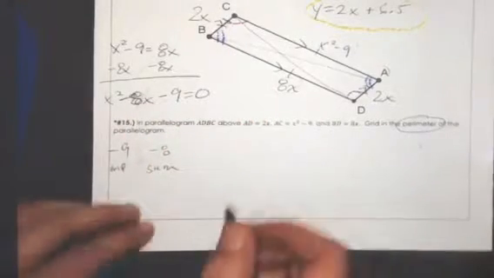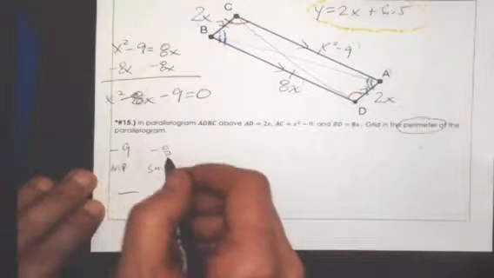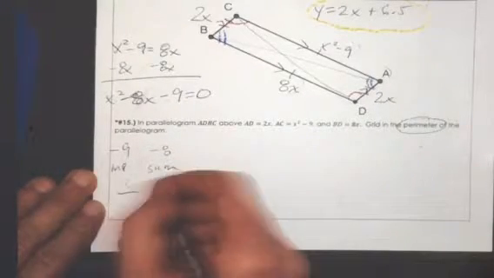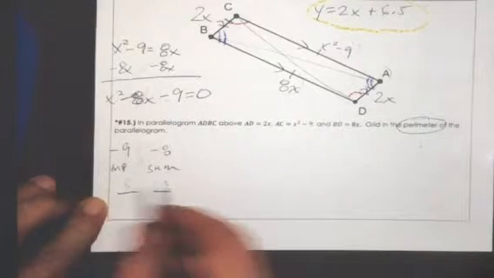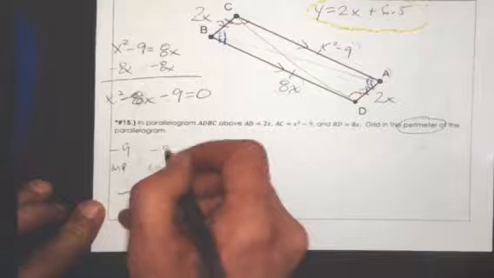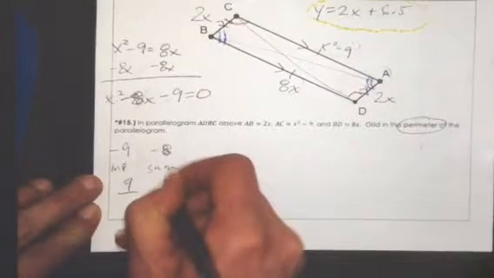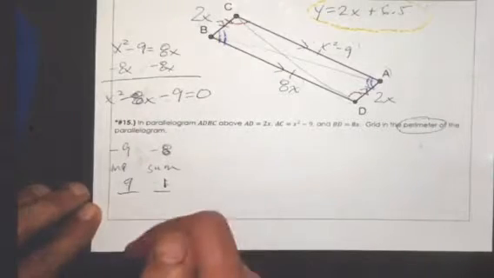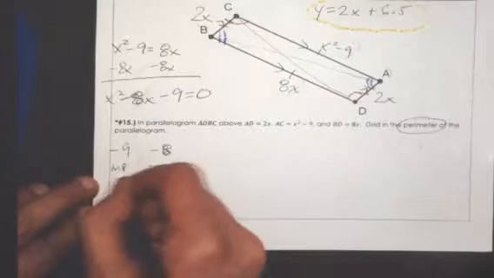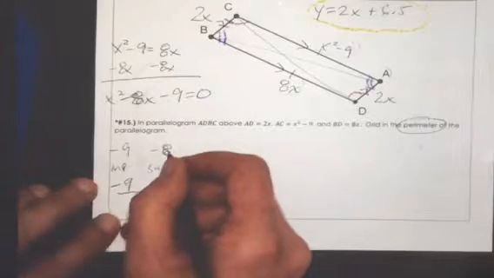So we're looking for numbers that multiply to equal negative 9 and add to equal negative 8. We could have 3 and negative 3, but those add to equal 0, and we need to add to equal negative 8. So we want 9 and 1, and the negative should be on the 9, so that negative 9 plus positive 1 is negative 8.